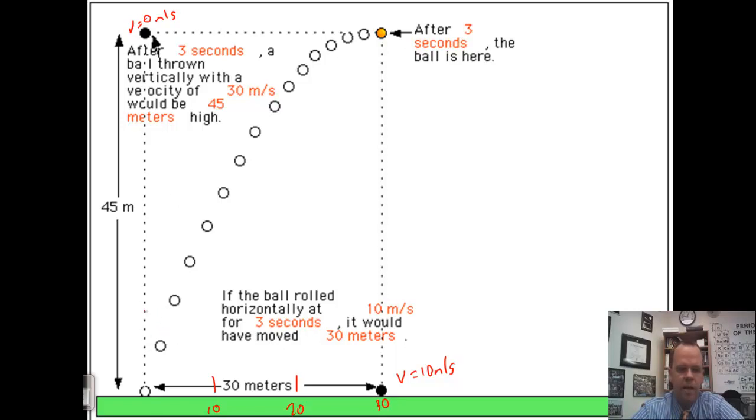So if you threw a ball straight up in the air at 30 meters per second, it would be at this point. If you threw a ball horizontally at 10 meters per second, it would be at this point, down here. So these two are just vertical and just horizontal. When you put them together, you have the location of the ball. And this would be our peak, the highest point in the path.